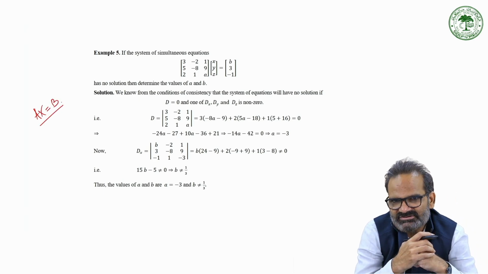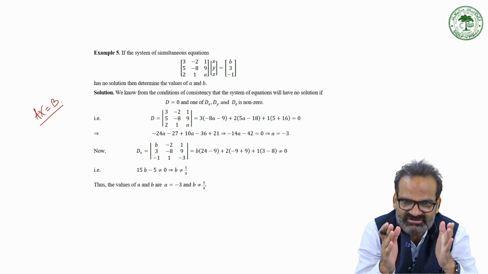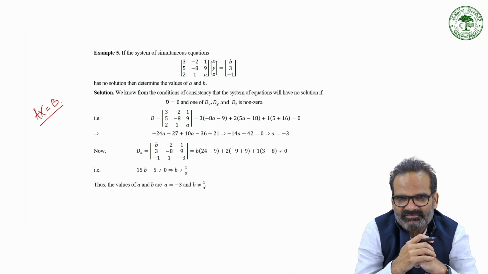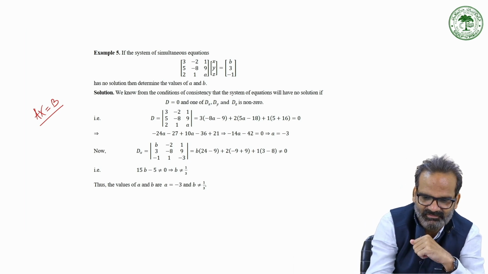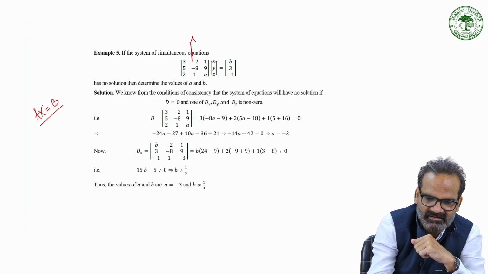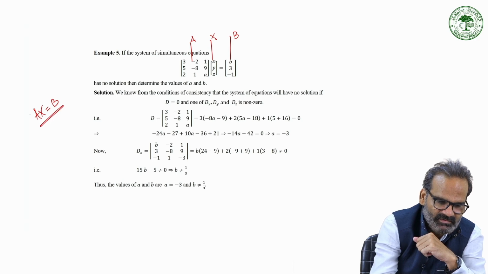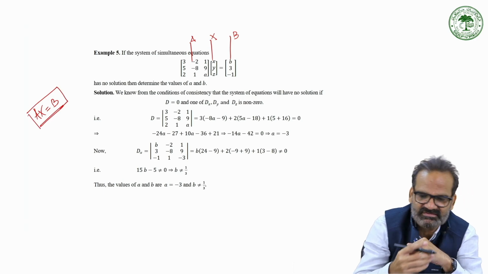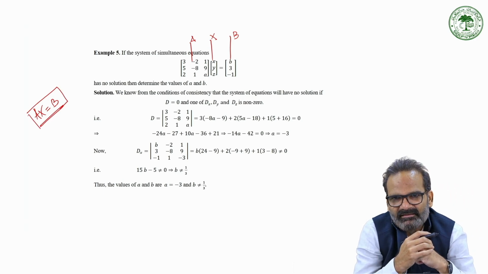But here in this question, the equation is already given in matrix form, right? If you take this as matrix A, this as X, and this as B, you will get Ax = B, right?